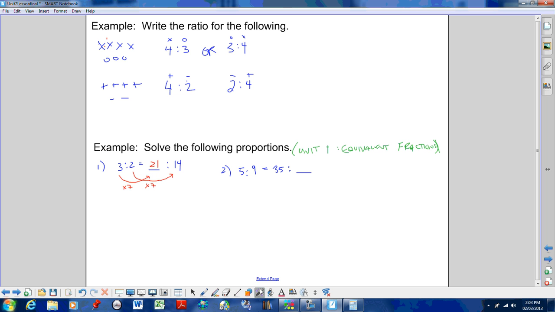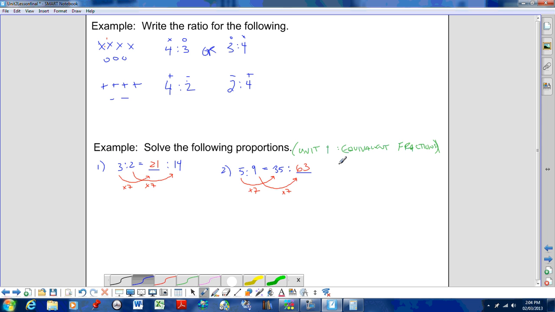The difference is this time I know the first term of the second ratio, so it lines up. The first ones line up together, so the 5 and the 35 are partnered. What did happen to that 5 to become a 35? Using your multiplication table, you had to multiply by 7. So now we find out, what is 9 times 7? And we get 63.